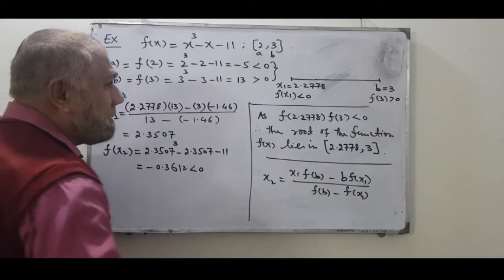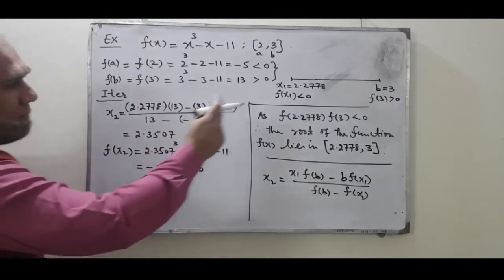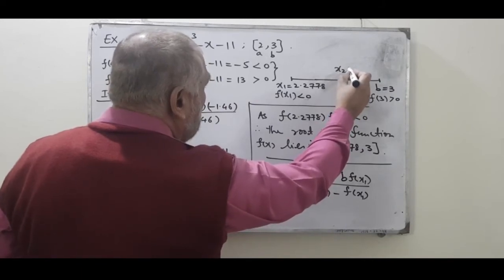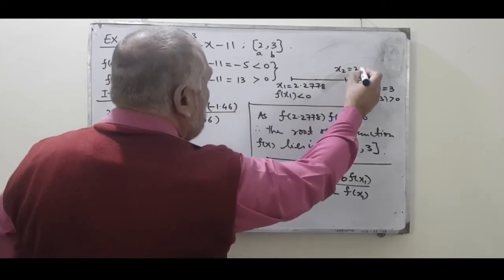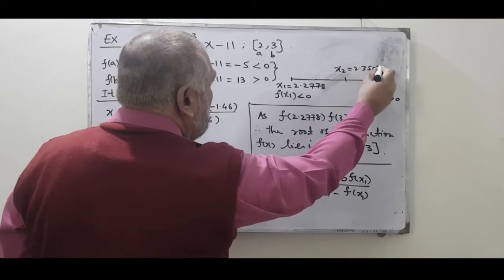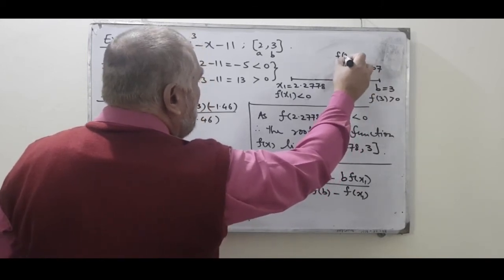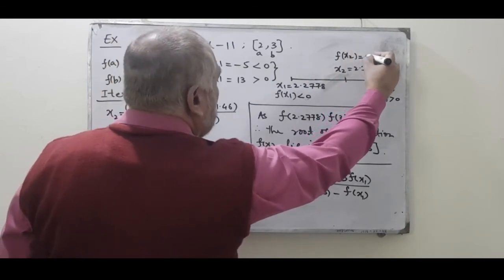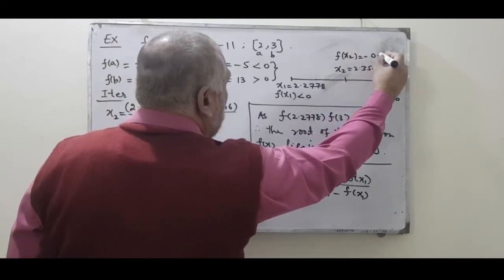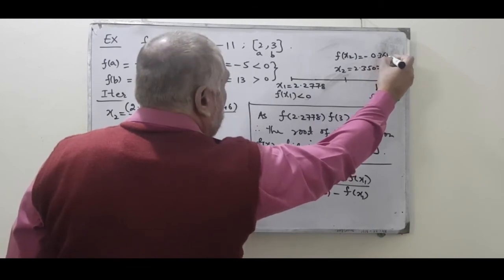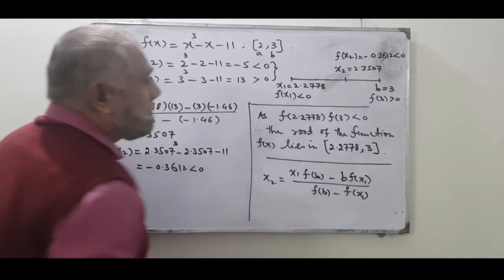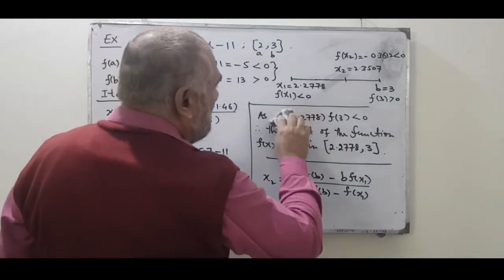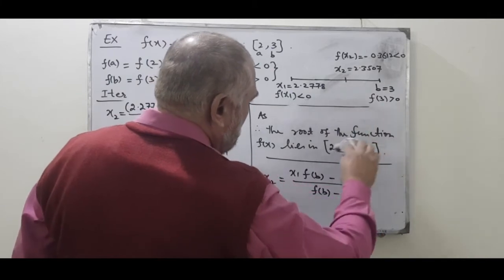Now we got one more point somewhere within the domain, suppose somewhere here, x2, which is equal to 2.3507, and the function's value at x2 is minus 0.3612, which is negative.